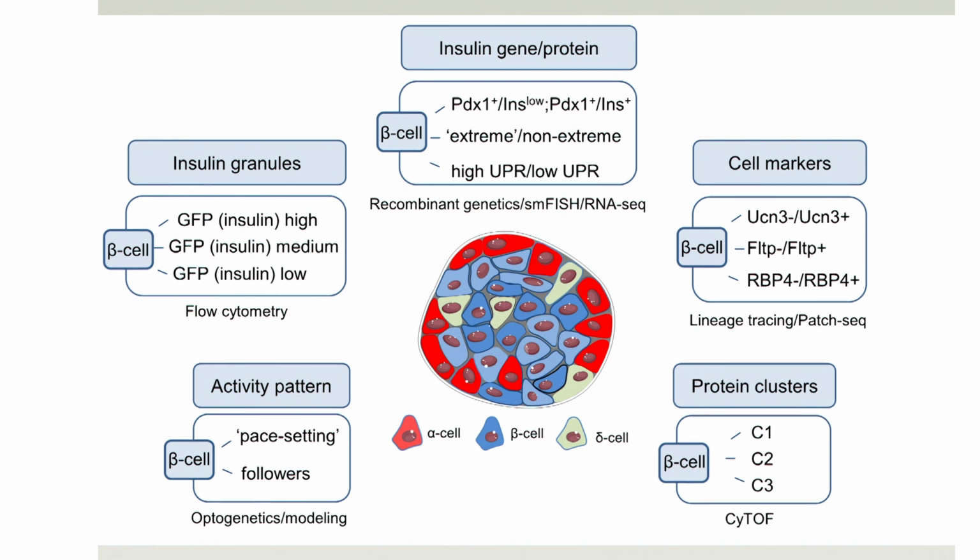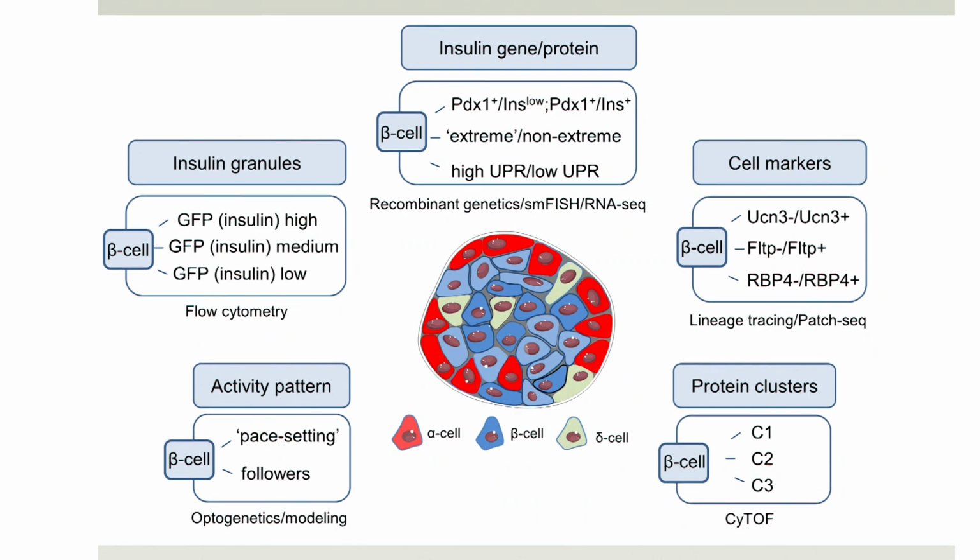When you look at the activity pattern in your beta cells, again you have various phase settings. One beta cell could be a front runner, other beta cells could follow. You have various cell markers and protein clusters which could vary. So when you have heterogeneous beta cells, the function is more efficient. When it is homogeneous, it may not function well.